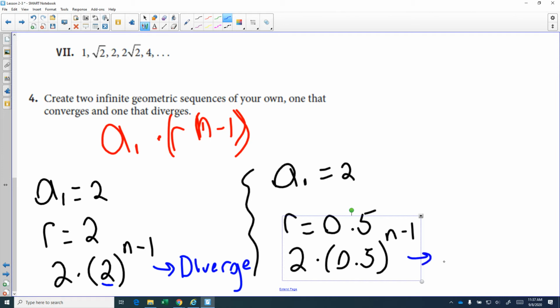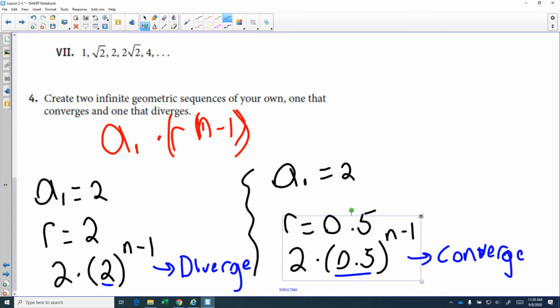Versus this problem, this has to be a convergent one. The whole idea with this one is that you have a ratio that is less than 1. And because of that, every single time I'm multiplying by 0.5, which naturally is going to make my value go down.